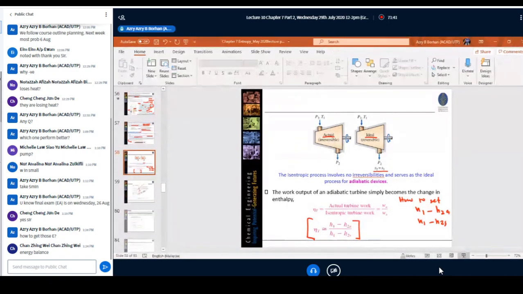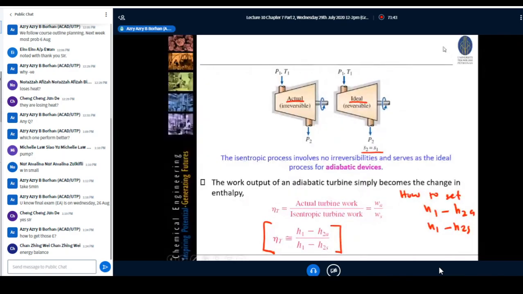Okay, of course, from energy balance, right? So guys, when you have energy in minus energy out equivalent to change of energy of the system, this is zero because it is steady. So what's left is your rate of energy in equivalent to rate of energy out. Now we know that on both sides of the equation, you have the Q, the W, and also the mass flow rate, right?